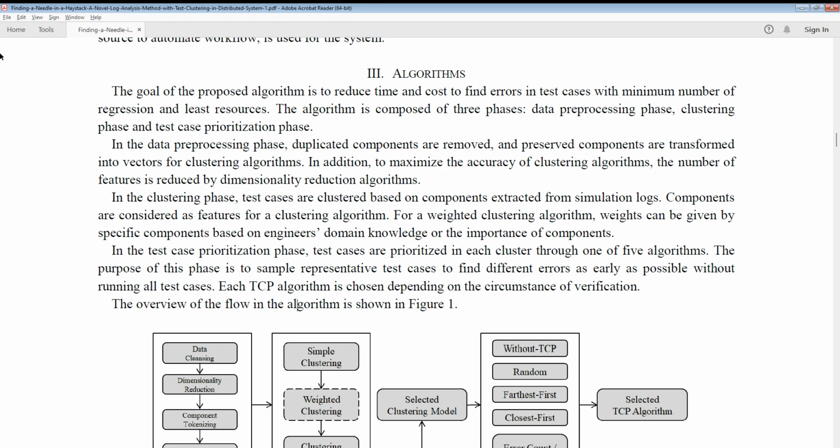The purpose of this phase is to sample representative test cases to find different errors as early as possible without running all test cases. Each TCP algorithm is chosen depending on the circumstances of verification. The overall flow of the algorithm is shown in Figure 1.